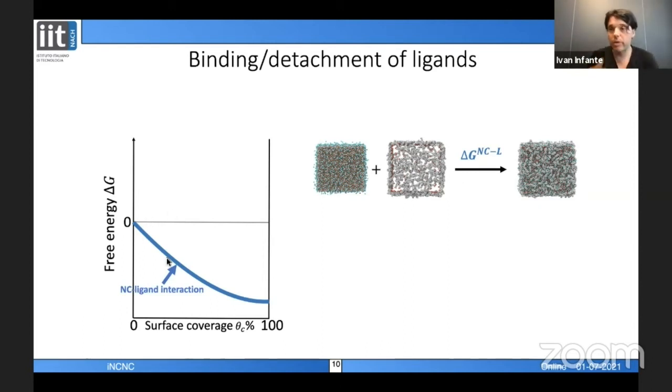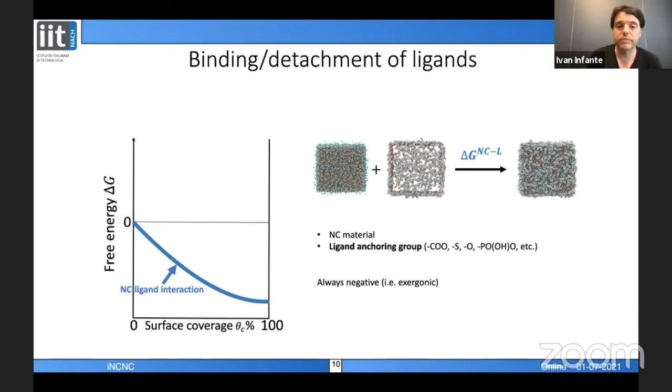So the free energy will be negative. We can see how the free energy would change as a function of the surface coverage. Remember that in principle, we would always like to attain 100% surface coverage, because that's when all the sites at the surface are passivated and you probably prevent the formation of trap states.